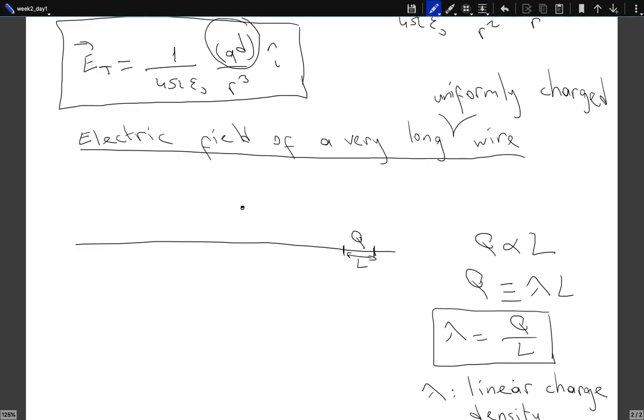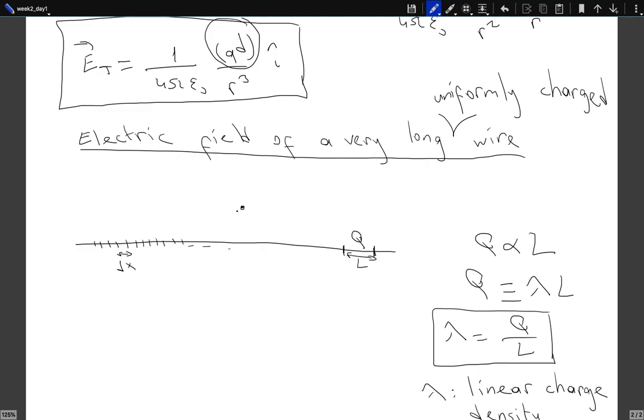But we can divide our system into very small pieces. I will imagine my wire divided into very small pieces, each having a thickness, let me call it dx. Eventually, I will take the limit as dx goes to 0, and it will become a point charge.